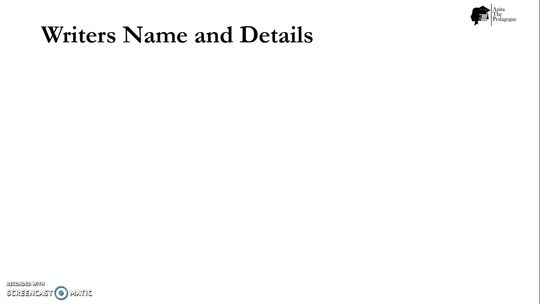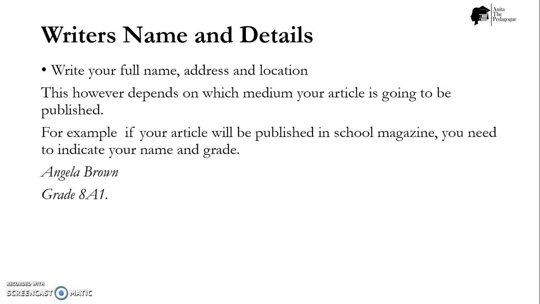The last thing that I would talk about as far as the features of an article is concerned is the writer's name and details. It is very important for the writer of the article to write their names fully. They need to include their address or location. This, however, depends on which medium the article is going to be published.